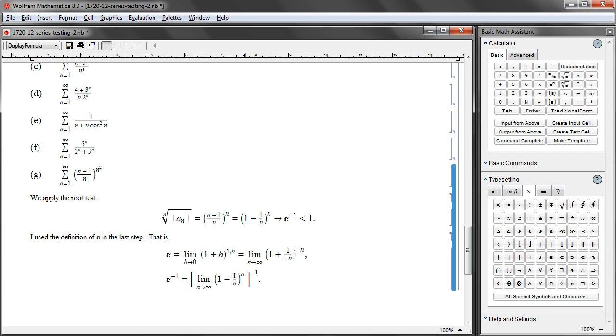If you do that, the nth root, because this is an n squared power, and I take 1 over n for this nth root, we still have an nth power left, and then after some manipulation you're going to get 1 over 1 minus 1 over n to the nth power, and that's e to the negative first power. As a matter of fact, let's see, how can I see this as e to the negative first power?